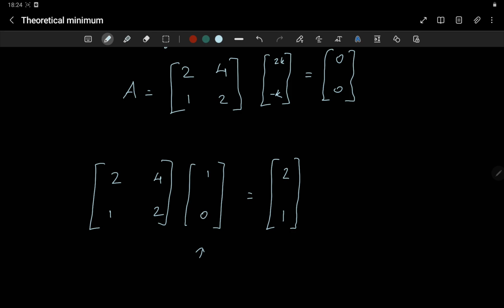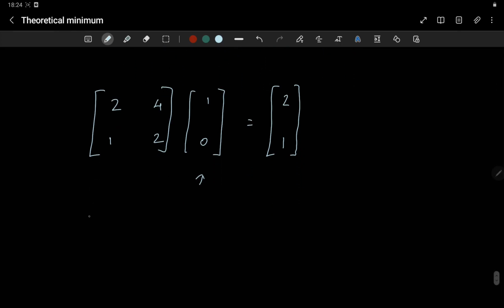So 1 0 is a solution. Now if you remember, A is a linear operator which acts on this x. What I'm going to do is, instead of just giving x, I'm going to give x plus something, and that something I'm going to take from the null space.